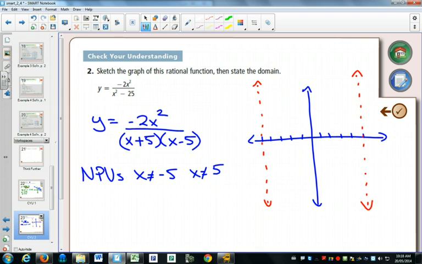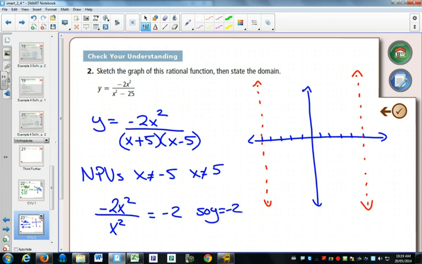Now the next thing we're going to look for is to find out if there is a horizontal asymptote. So if we look at the highest degree in this entire expression, it's an x squared. On the top, we have -2x squared. And on the bottom, we have 1x squared. So we ignore all the other values and just look at the highest degree and say, well, since these are the same, this simplifies to -2.